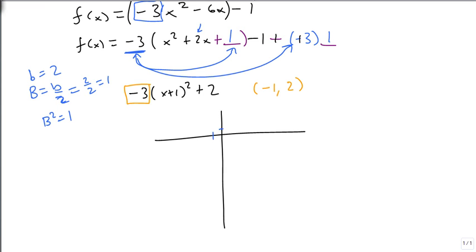We're going to come back 1 and up 2. We're then going to go over 1 and down 3 in both directions. Over 1 more and down 1, 2, 3, 4, 5, 6, 7, 8, 9. That's 3 times minus 3. And there's our graph after we have completed the square.